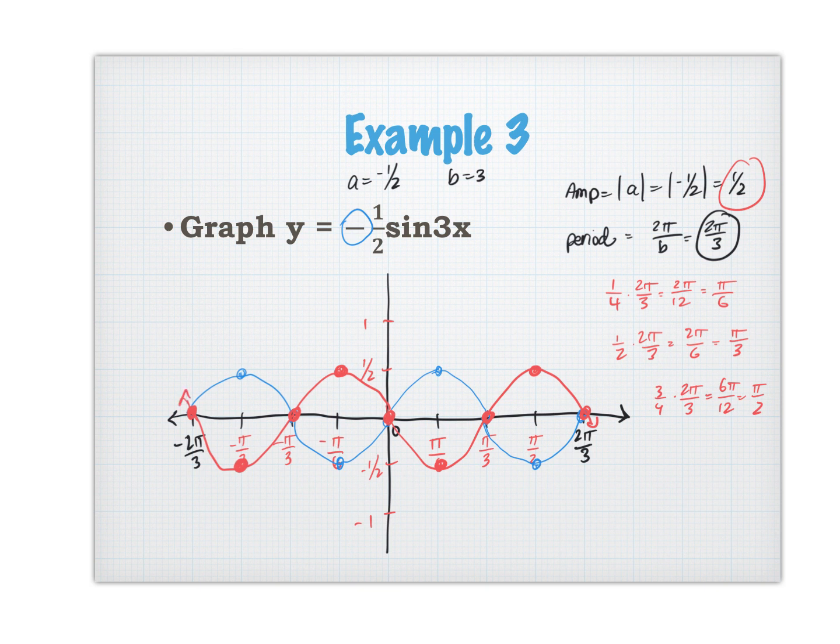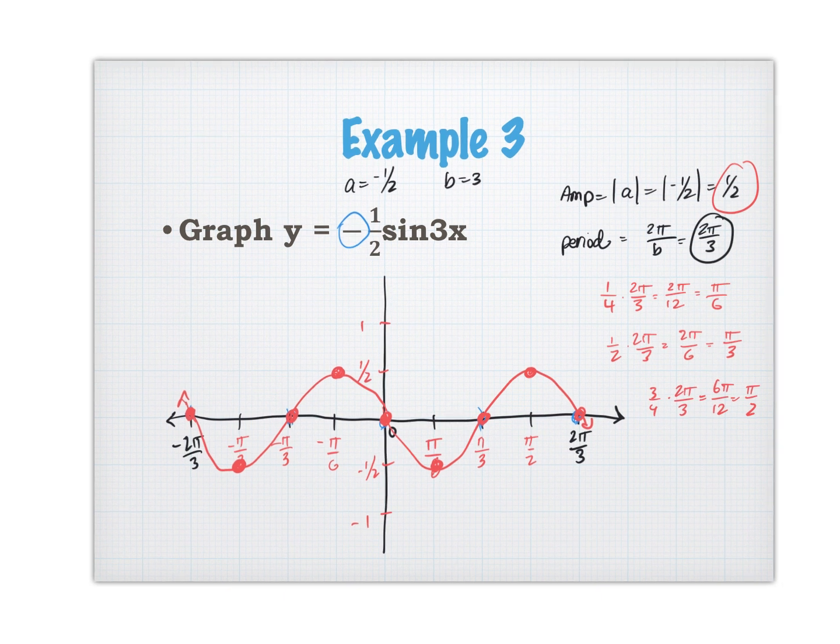And so the red graph is actually the graph, whoops, that I'm looking to do here. So the blue graph would be the positive version of this, and the red graph is the negative. And there you go. Okay, and so pi over 6, and this is pi over 2. And so that's the graph for this.